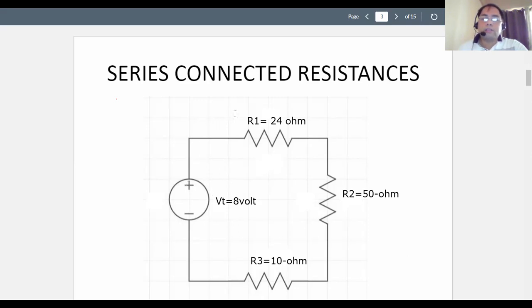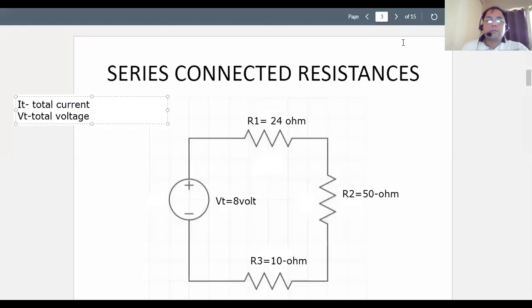So now, let's have a summary of our equations first. What principles govern our series connection? Let's have a rundown of these principles. If we look at some notations, we will be calling a symbol the total current.